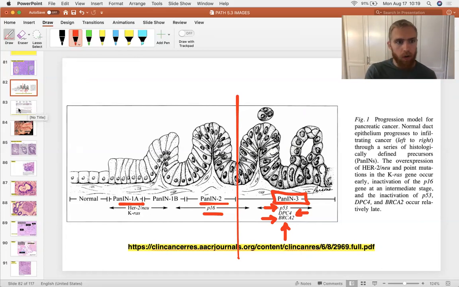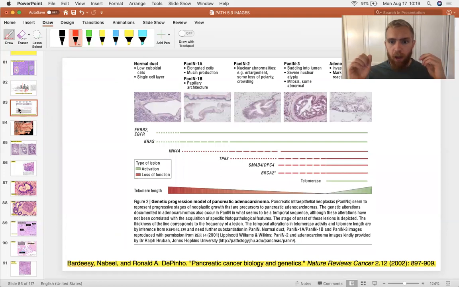I think so. Here is a little bit cleaner slide looking at the same thing with some histology correlates. Again, we're looking at simple hyperplasia in a Panin 1. In Panin 2, we start to see nuclear abnormalities characteristic of dysplasia. In a Panin 3, you start to see that cribriform microcystic architecture, okay?